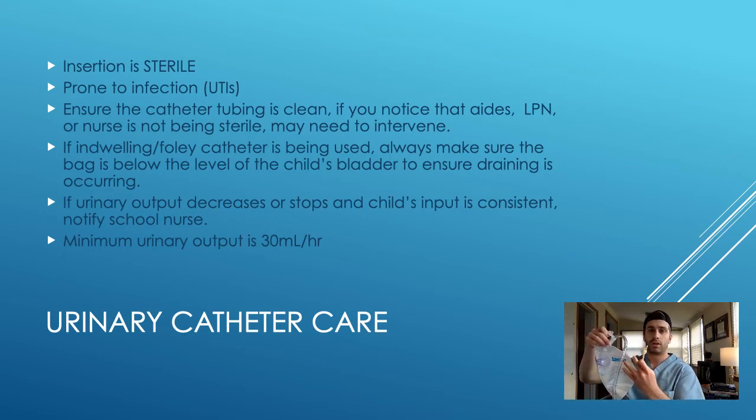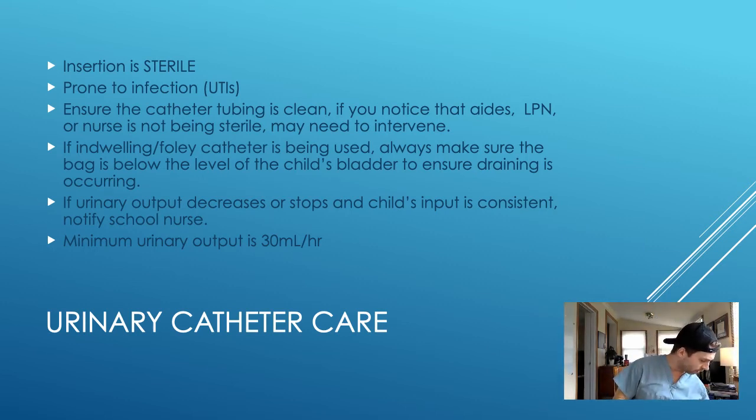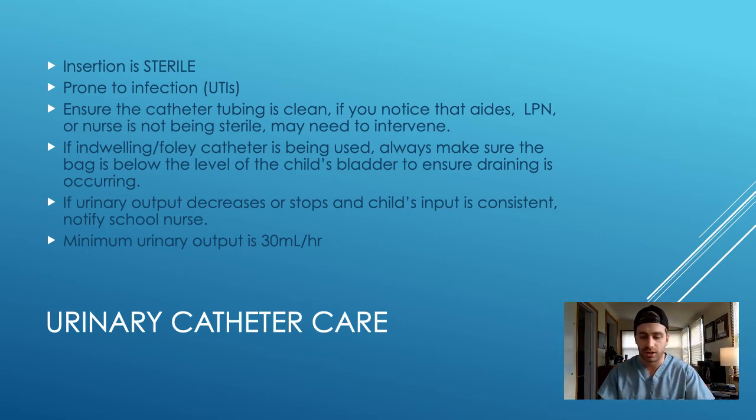Any urine in here could back drain, and there could be bacteria, and then you're risking a UTI. Especially in immunocompromised patients, a UTI can be pretty detrimental. So it's important to minimize raising it above the level of the bladder.